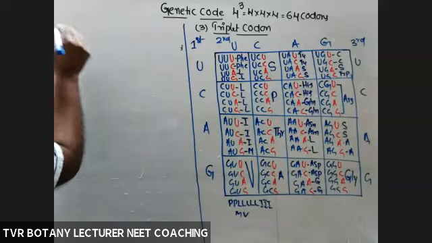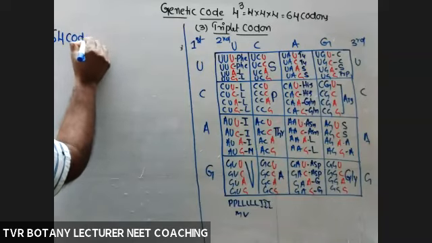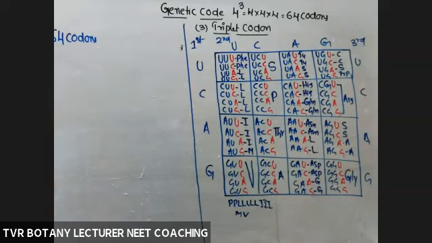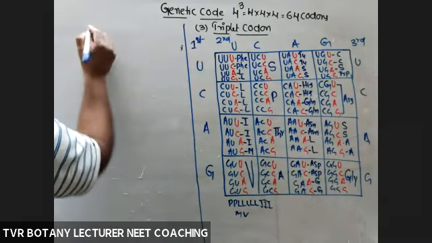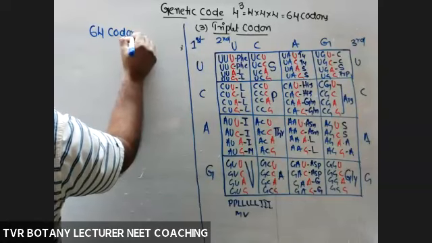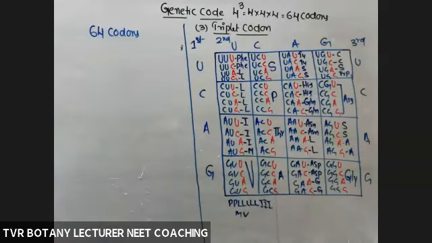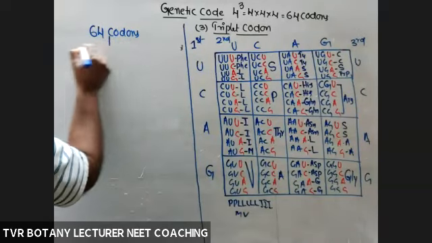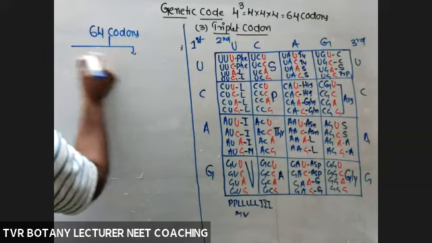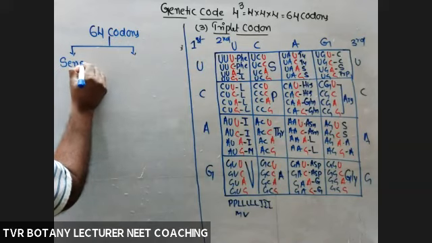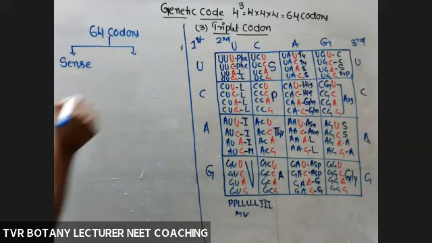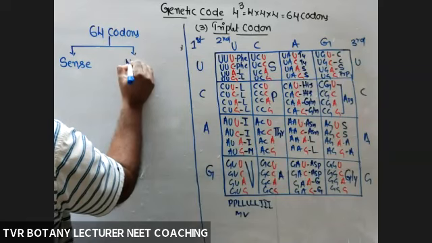Singlet codons and doublet codons are not acceptable according to the number of kinds of amino acids, which follow the triplet codon concept only. So the total number of kinds of codons is 64 kinds, coding for 20 kinds of amino acids. Out of 64, how many are sense codons? How many nonsense codons?